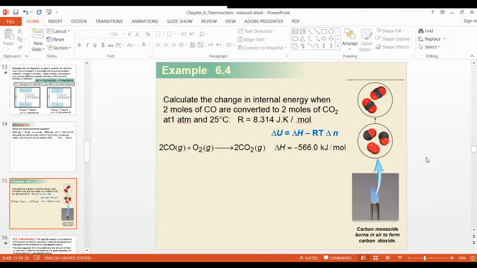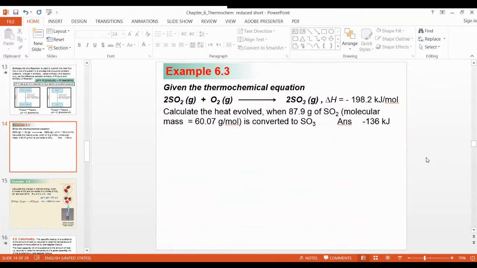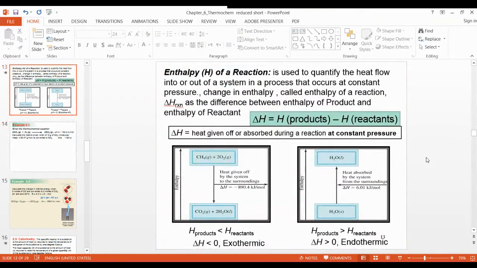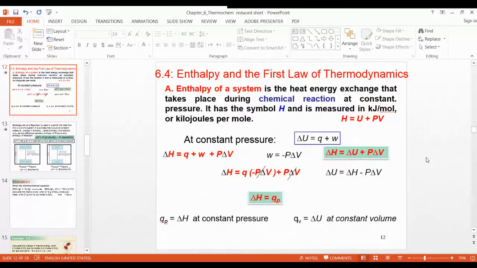And this is another formula, but it is related to gas. PV is equal to nRT. So delta H is equal to... you remember that delta U is equal to Q plus W, and delta H is equal to delta U plus P delta V. This is the work done, the pressure and volume.